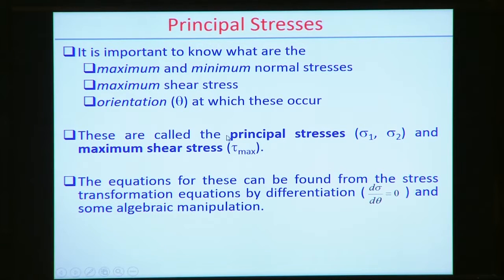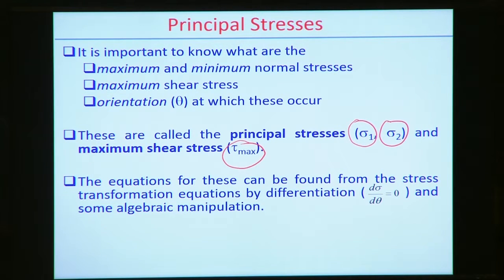The maximum normal stresses are called the principal stresses, with a specific orientation, and are defined as sigma 1 and sigma 2. And the maximum shear stress we can define as tau max, if we analyze the variation of all these stress states in a two-dimensional case.